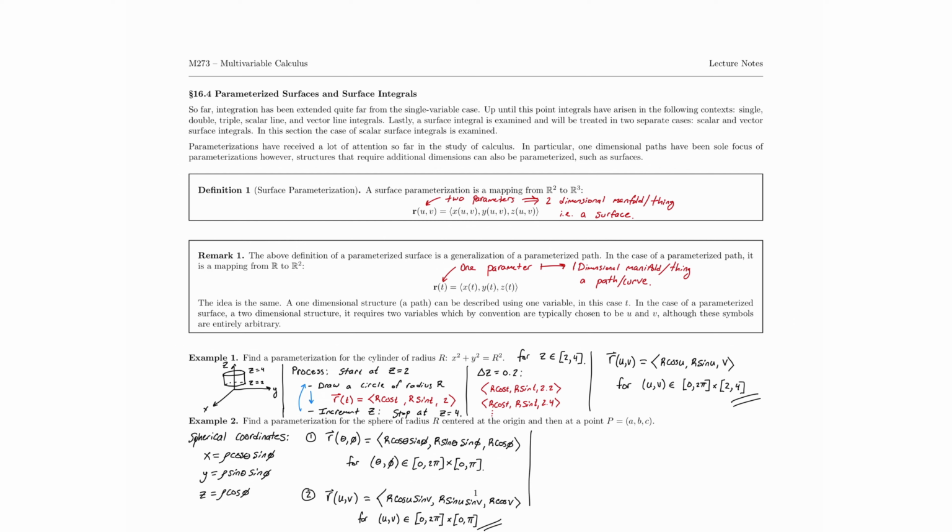The second half: what about at the point P equals ABC? Well, what we can do here is imagine taking every single point on the sphere and moving it in this direction. So if we think of our coordinate system, here's our sphere centered at the origin.